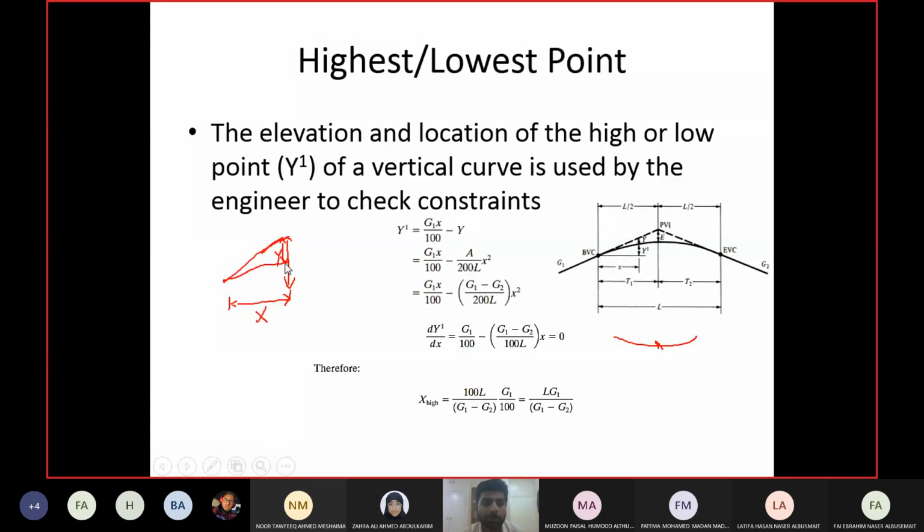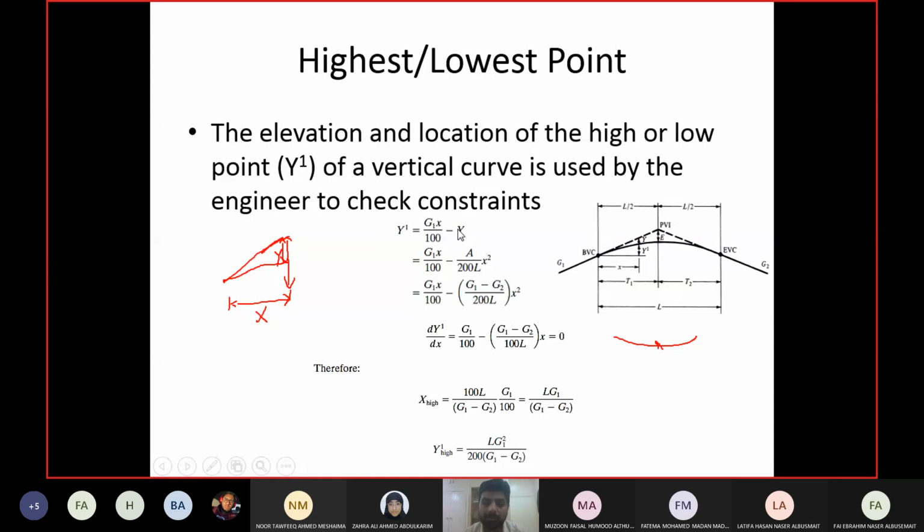What is this total height? G1 into x. G1 is the gradient and x is the distance from the beginning till the point. The difference in elevation will be slope into distance, right? Elevation equals slope into distance. So slope is G1 and distance is x, so G1 into x will give you this height, and from this height you subtract y.